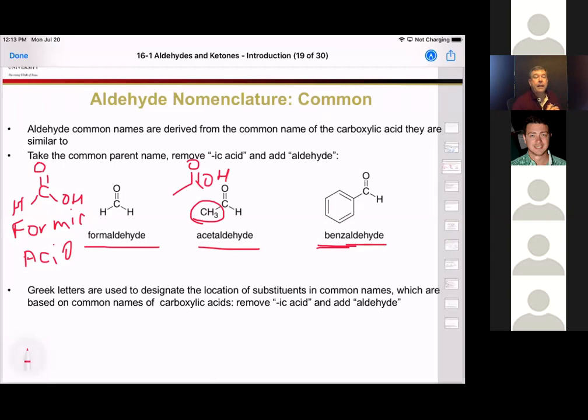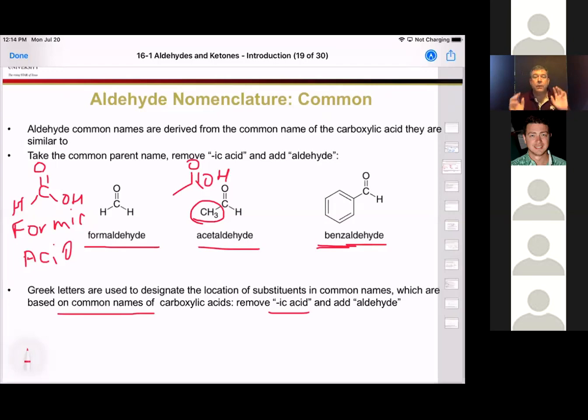Okay, and occasionally when we do this, we're actually going to use a weird naming system. If we're using a common name and it has a substituent, we'll use an alpha, beta, gamma substituent. And you'll see that in the homework, but we're not going to use it much in class. So don't worry about that too much.